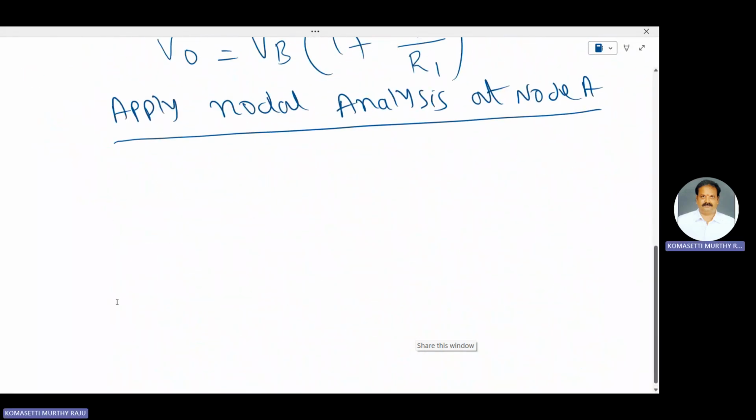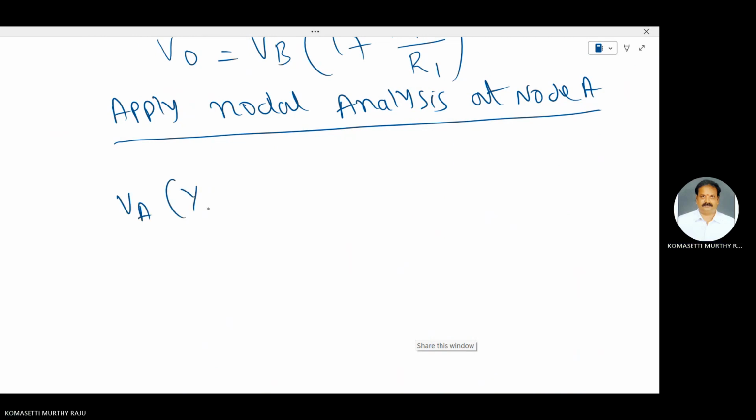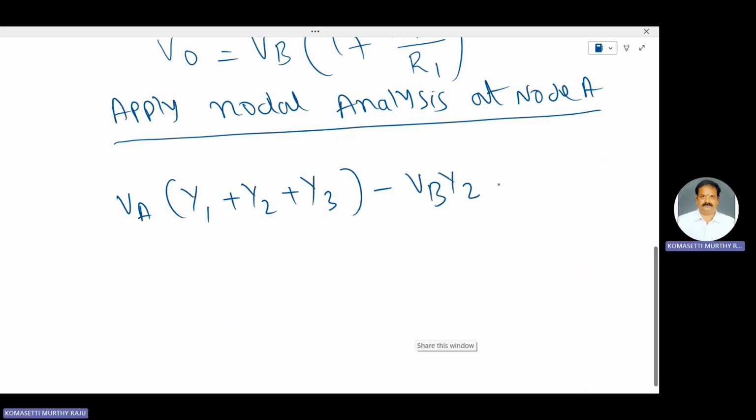This is the nodal equation at point A: VA into (Y1 plus Y2 plus Y3) minus VB Y2 minus Vi Y1 minus V0 Y3 is equal to 0.